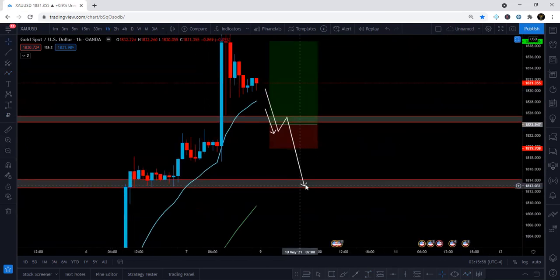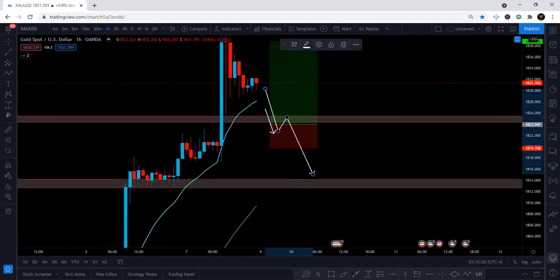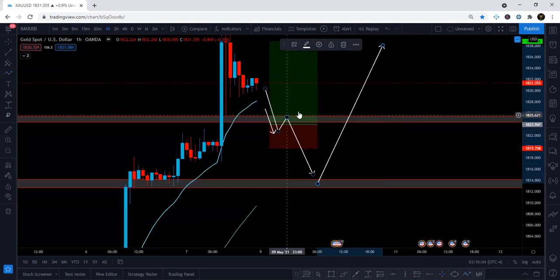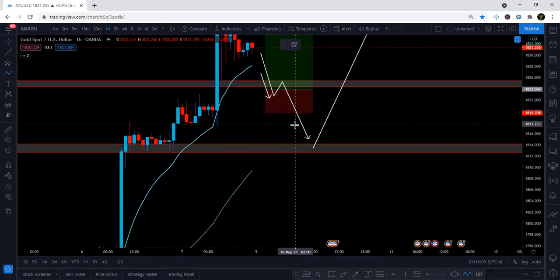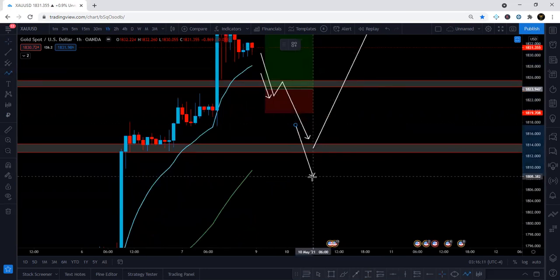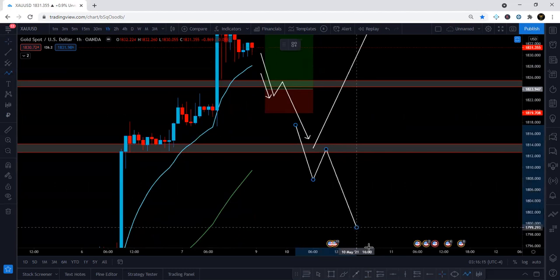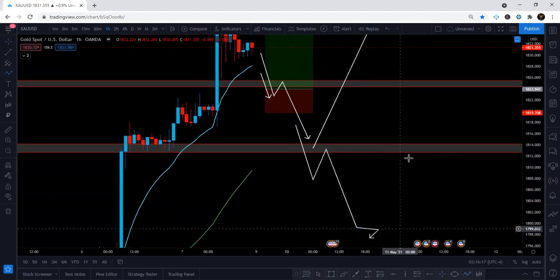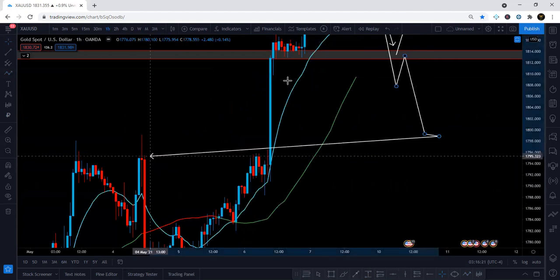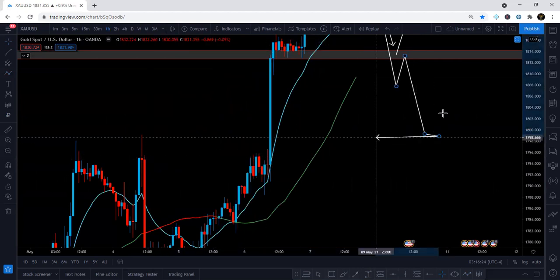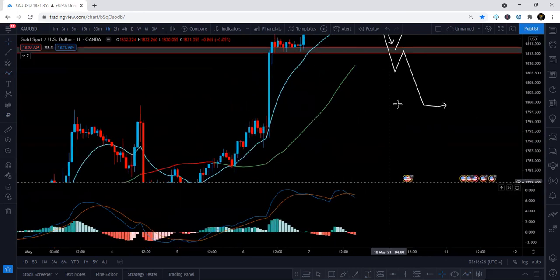And then we may see some buys from this zone, or if price comes back and breaks this too in the 4 hour, we may see a retest down to some daily lows, some daily highs here, resistance here, or something to correct this whole move. So that's it. That's what I'm looking for.